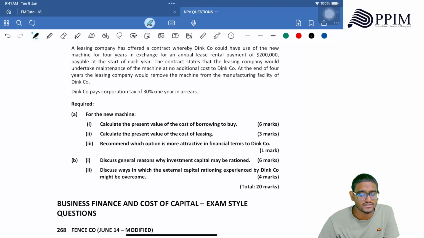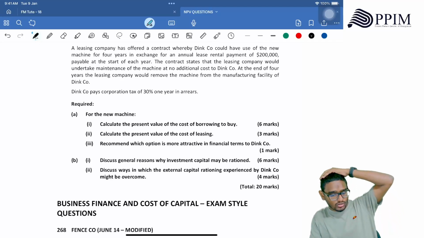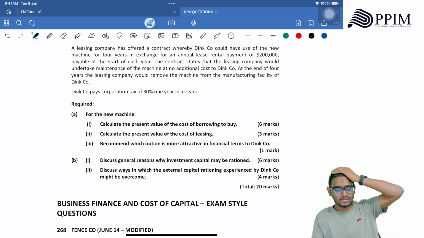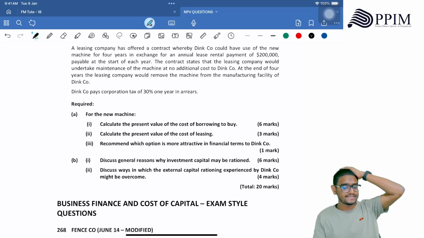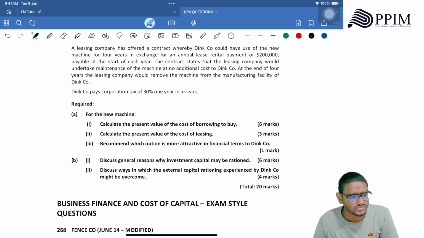DINK pays corporation tax of 30% one year in arrears. For the new machine, calculate the present value of the cost of borrowing to buy and the present value of the cost of the leasing option. Recommend which option is more attractive. I think you can do that. Lease versus buy, we didn't know.